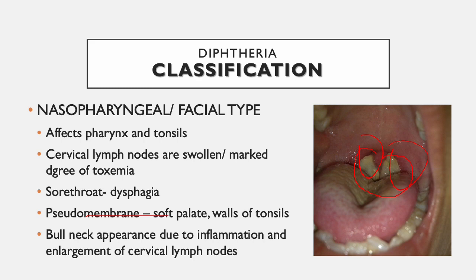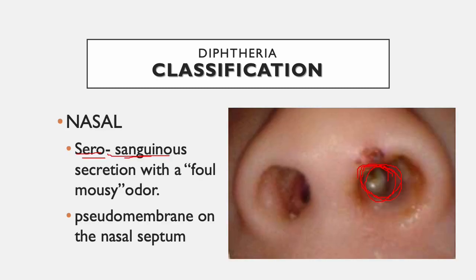So, you have the nasopharyngeal or the facial type. Yan, that's how they look. Sometimes it's in the nose also, did you see that? Okay, in the nose also. Usually for nasal, there can be serosanguinous secretions, okay? Together with a foul, mousy odor.